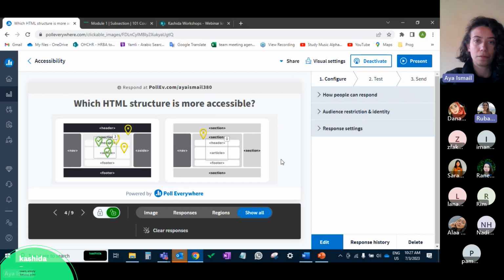So the mapping on the right side is a clear designation of spaces, and within these spaces you see the header, article, and footer. Section one could be the top banner of a website or an interactive object or a video or whatever it is.